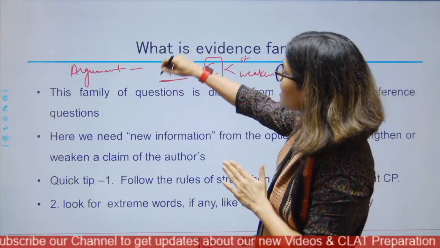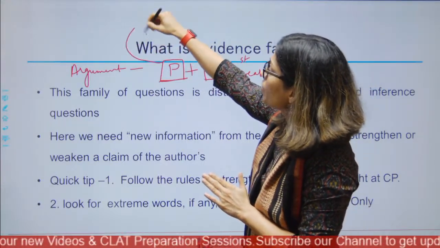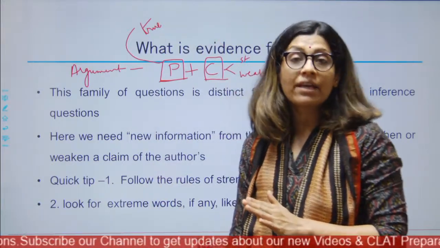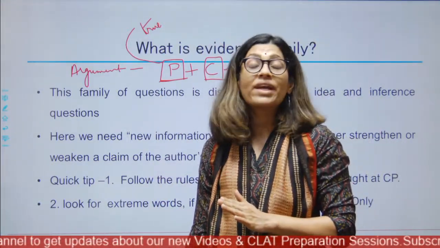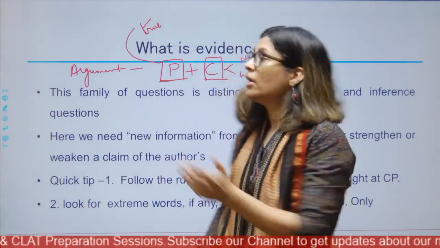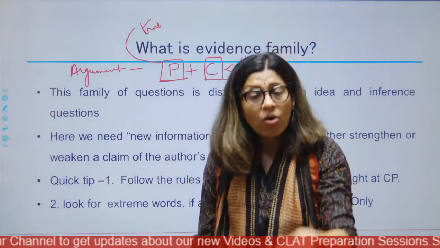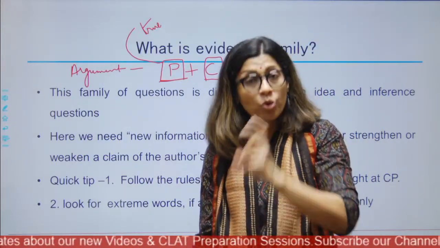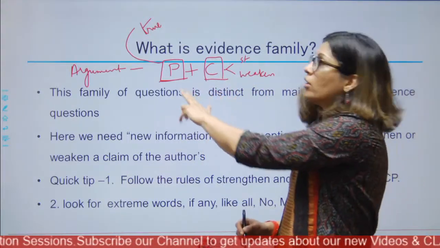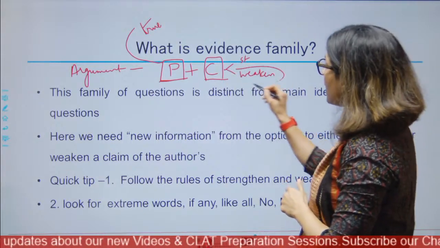Now, the rule says that whatever premise or evidence is present has to be taken to be true. You cannot say that the author is lying. That's not a way to weaken. That is not a way to do anything in critical reasoning. This information has to be taken to be true at all times. And now, keeping this information as true, you will still have to somehow prove that this evidence does not lead to this conclusion, and hence weaken it.